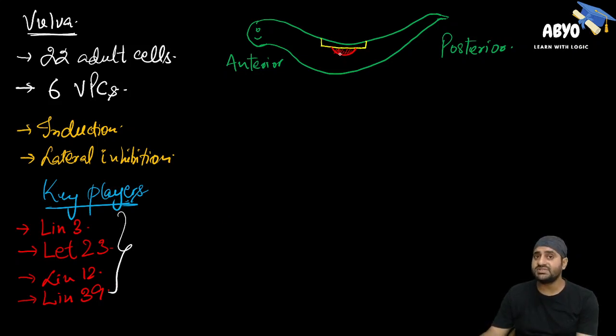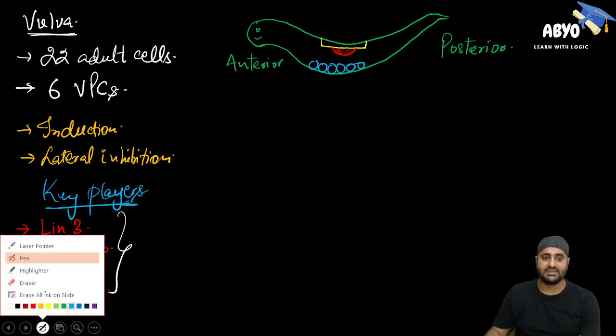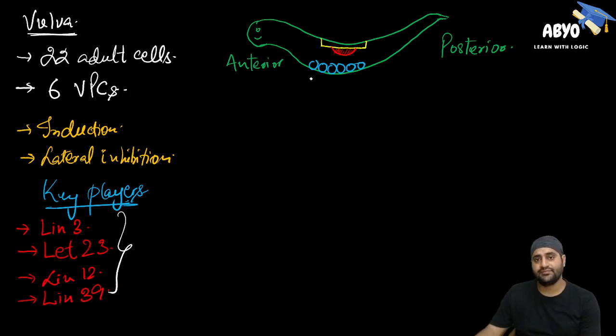Who is getting induced? The ones getting induced are the 6 precursor cells, which are located hypodermally. These 6 cells are named vulval precursor cells.